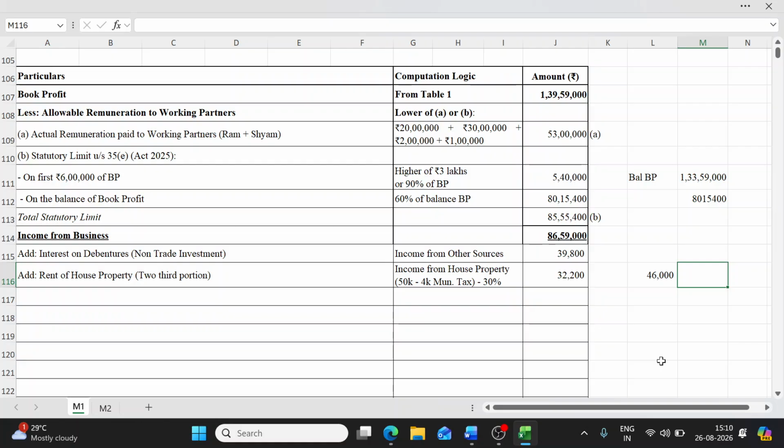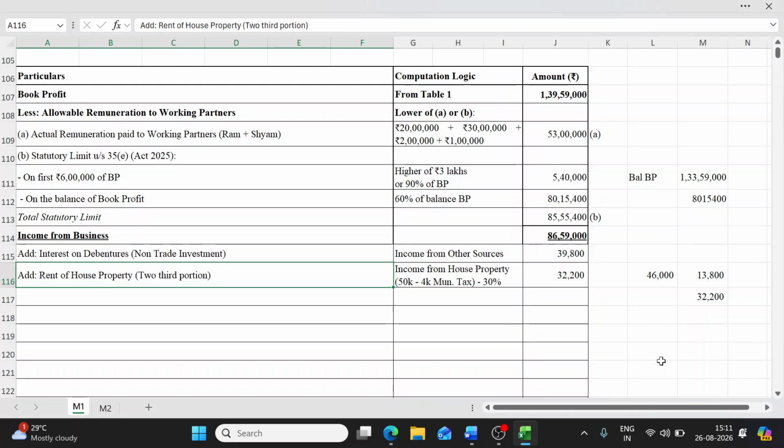Then calculate 30% on 46,000, which is the standard deduction, that is 13,800. Then the balance income is 46,000 minus 13,800, which is 32,200. The income is the same. So I just explained two methods to compute the taxable income under the head house property.